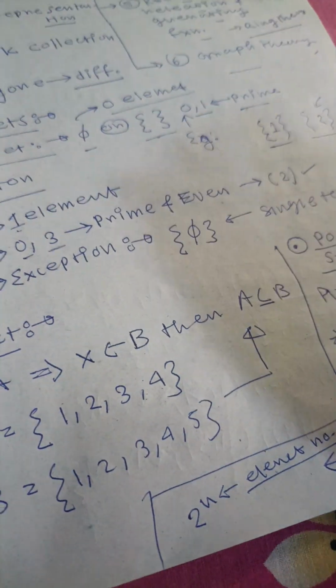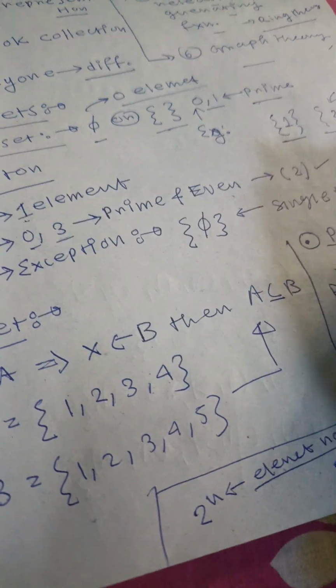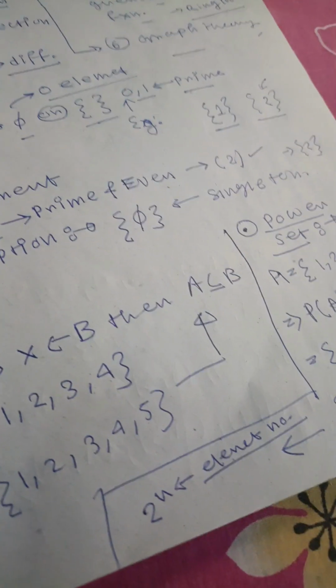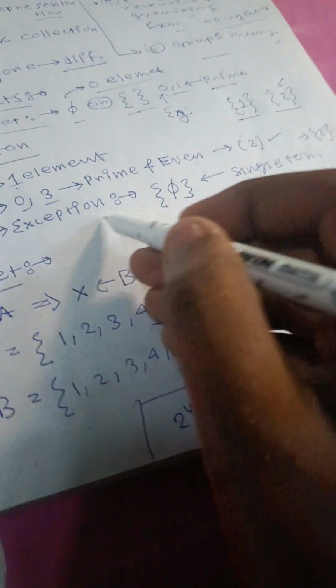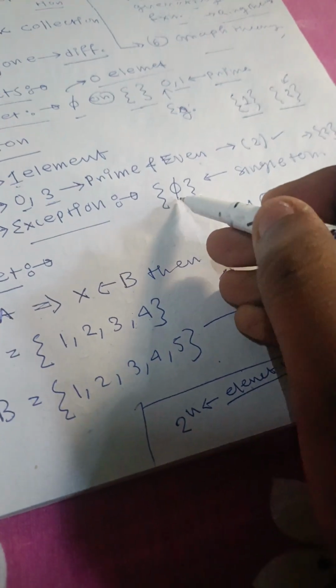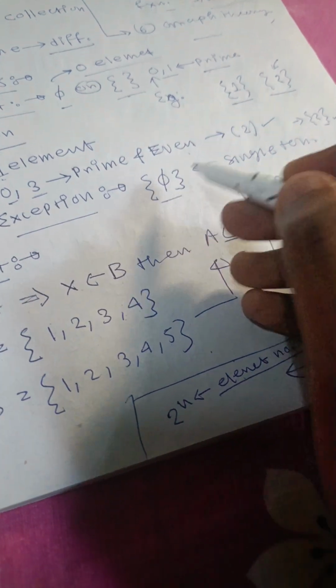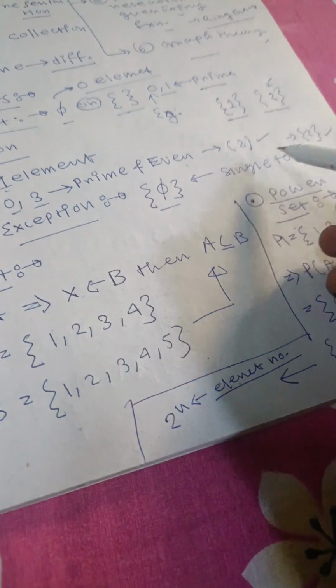There is no other number that is prime and even and present between 0 and 3, so we can write it as this type. The exception is if we write phi, the null set, in a set representation. Otherwise, if in the set representation there is only one element present, that is called singleton.